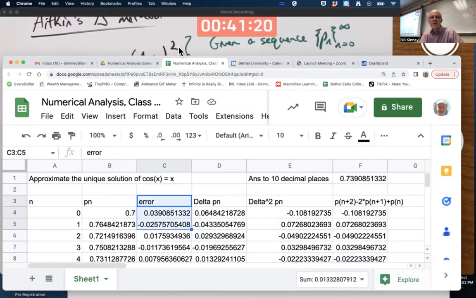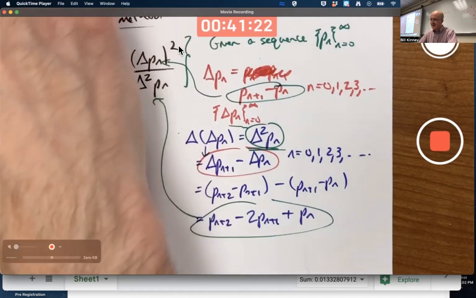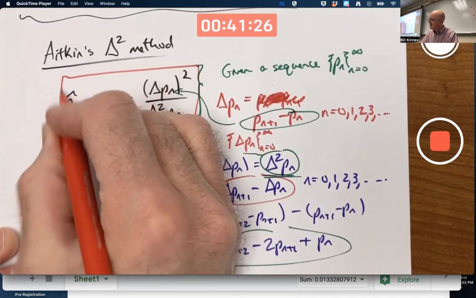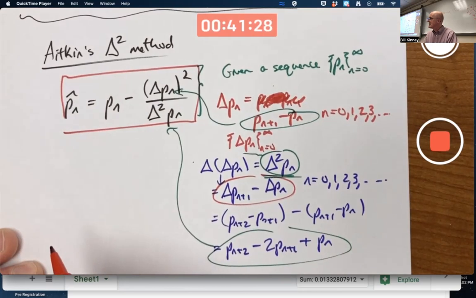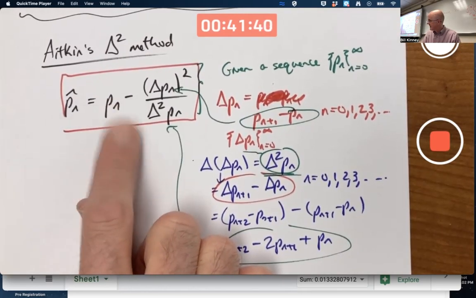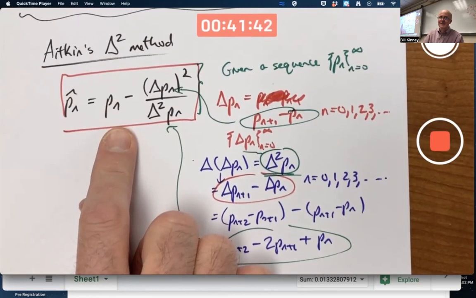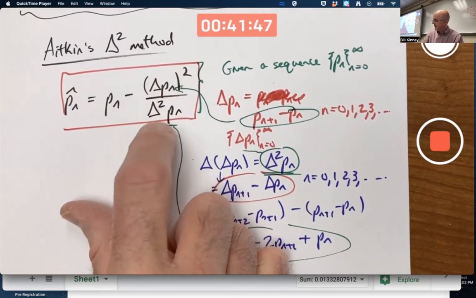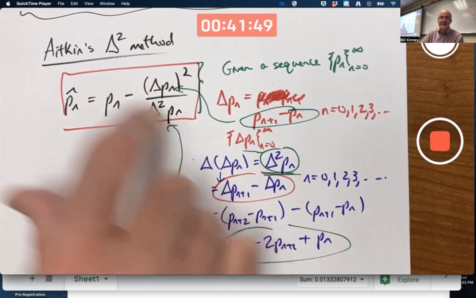Not quite done. Remember, Aitken's delta squared method ultimately is to use this equation to get a sequence that's supposed to converge to the same number, root of cosine of x equals x, but faster than the original sequence. So there's what I'm about to use here. Can you remember it? Pn minus a fraction, delta Pn squared divided by delta squared Pn.